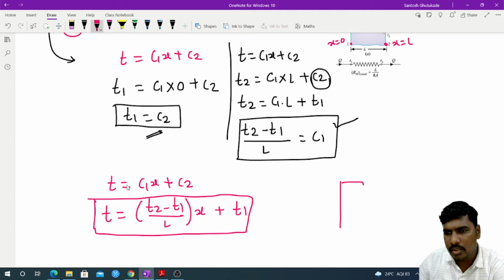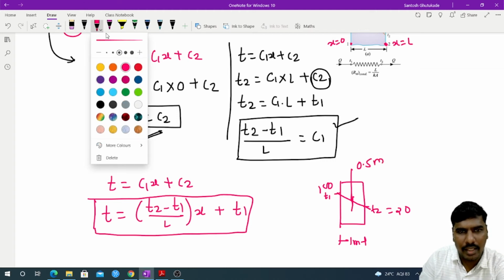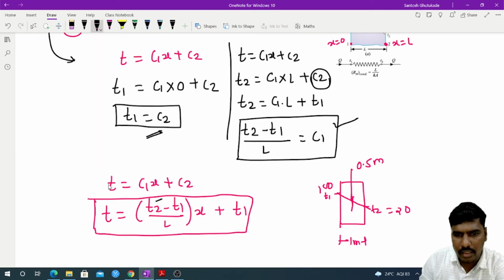For example, suppose this is a wall, so inside temperature T1 is 100, T2 is 20 degrees Celsius, and this wall thickness is 1 meter. Now you want the temperature at the mid location, so 0.5 meter. You can take T1 is 100, T2 is 20, T1 100, L total thickness is 1 meter, T1 again 100.